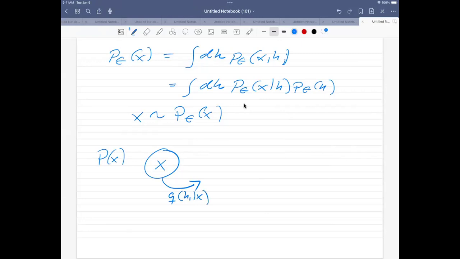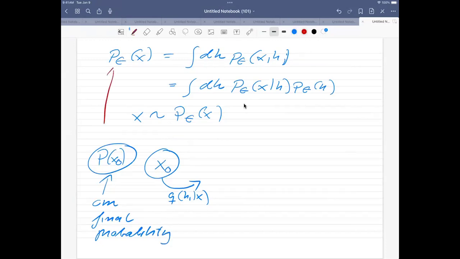So we could label this with a P of X0 to indicate that this is the probability which we want. So this is our wanted, our final probability. And it plays the same role as the quantity which you see here.